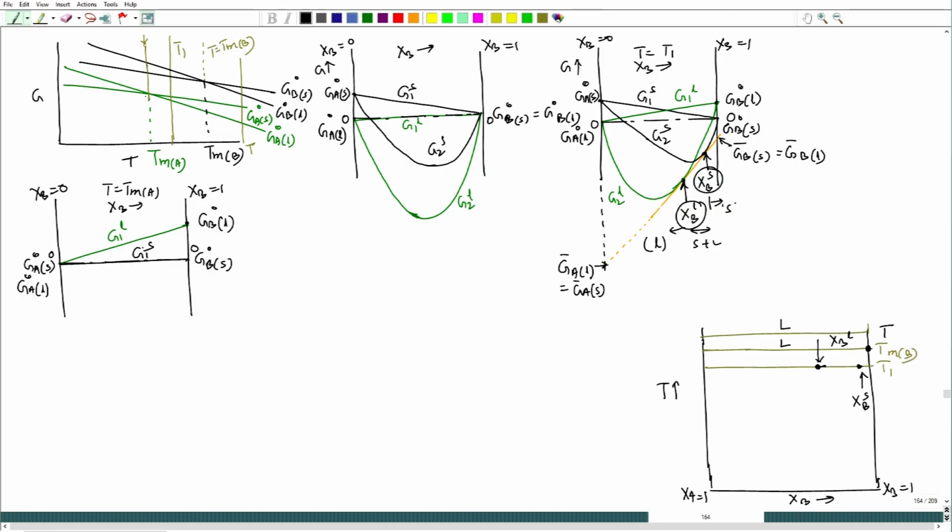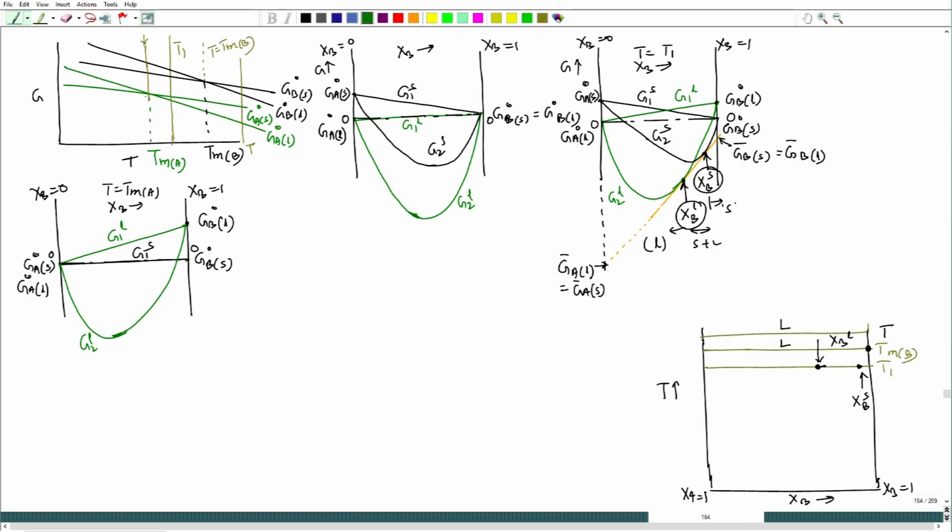Now, let me draw the G2 line, still steeper, this is G2 liquid and G2 solid.